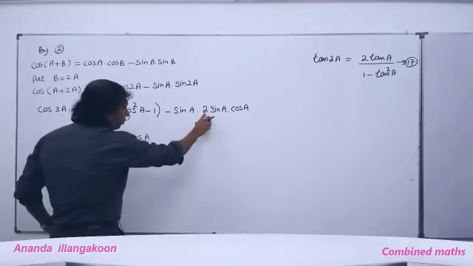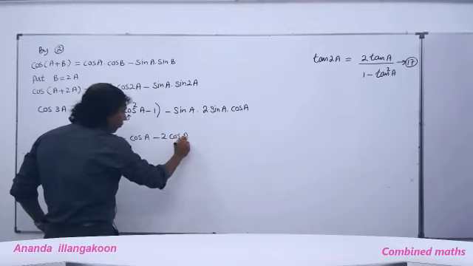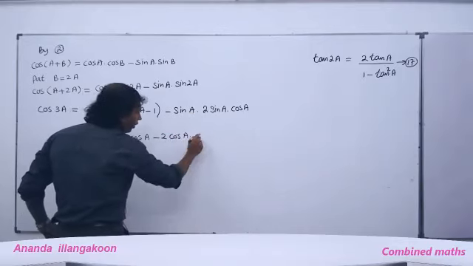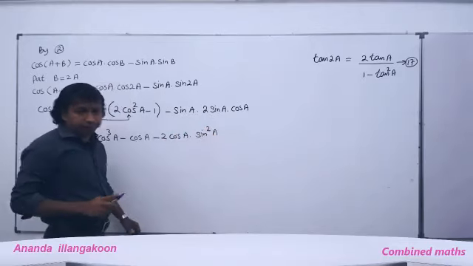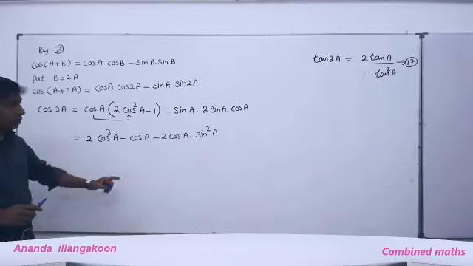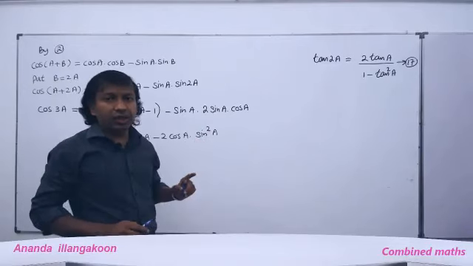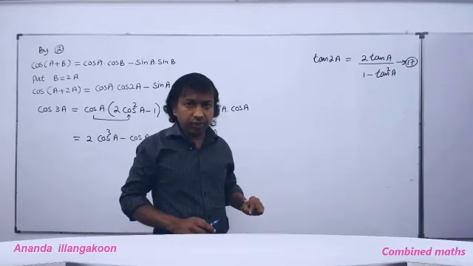And here 2 times cos A with this minus sign, I can first write, people, sin A into sin A is sin squared A. Okay. Now, you know this sin squared A, people, what is sin squared A? It is 1 minus cos squared A. You can remember this, no?